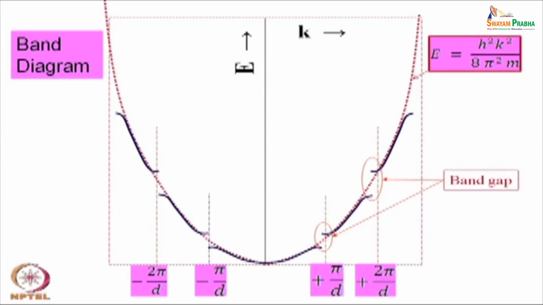The electrons can have energies within the continuous bands, but not in the band gaps. So, it cannot stay in between. Either it stays in the lower band or in the higher band, but not in the band gaps. That is a very important consequence of the band model.